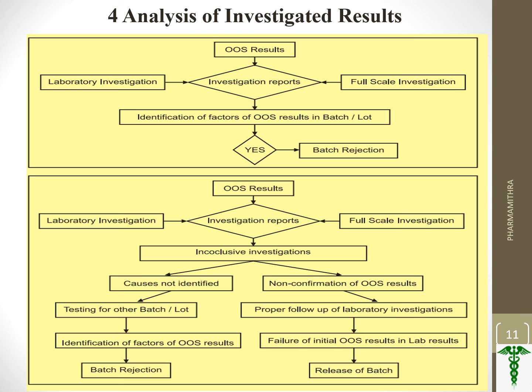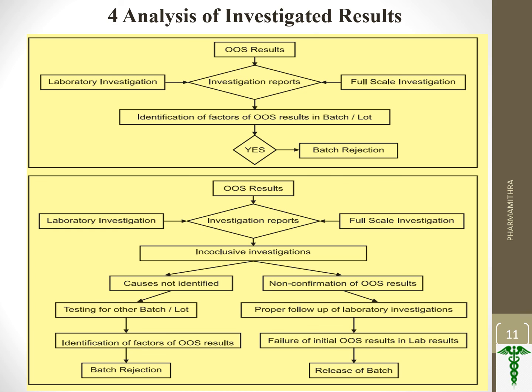And finally, we have to analyze the investigated result, that is, the OOS investigation result, and produce a report. That report can be prepared with the help of the laboratory investigation as well as a full-scale investigation. We check whether any factors affect the OOS. If yes, we have to reject that batch.